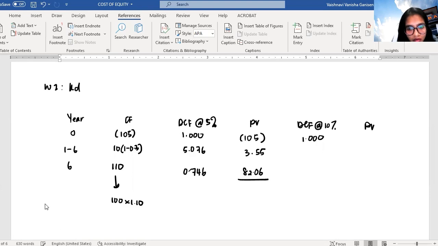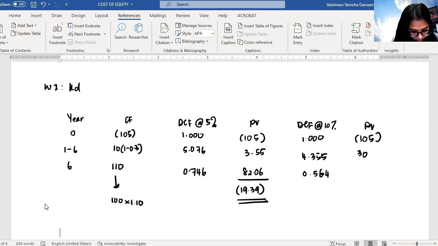This is 19.39. Okay, now 1.10 to the power of negative 6 is 0.564, then 4.355, 30.49, 60.04.